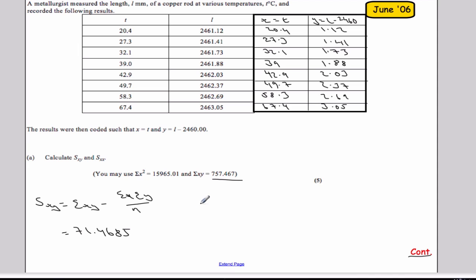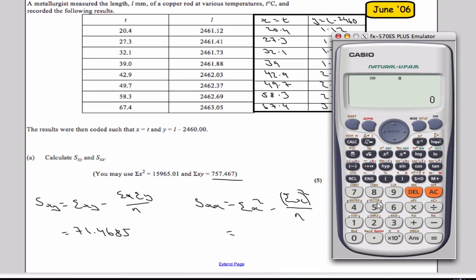71.4685. I also need SXX, which is sum of X squared minus sum of X all squared over N. Again, let's get the calculator to do the hard work here. We should be fairly familiar with this at this stage. So sum of X squared minus sum of X to be squared divided by N, which in this case is 8.